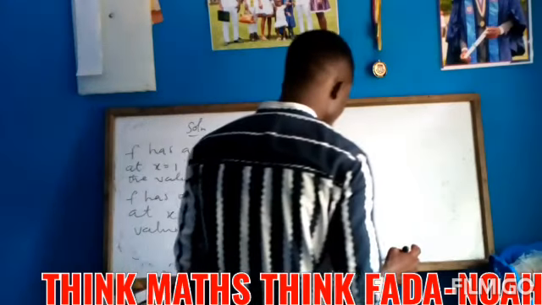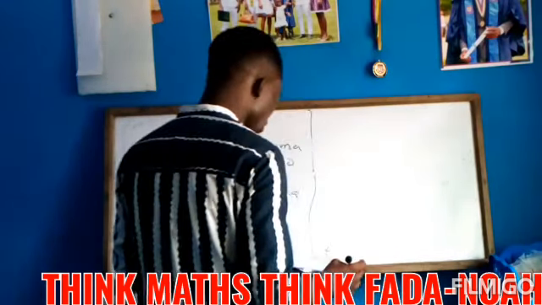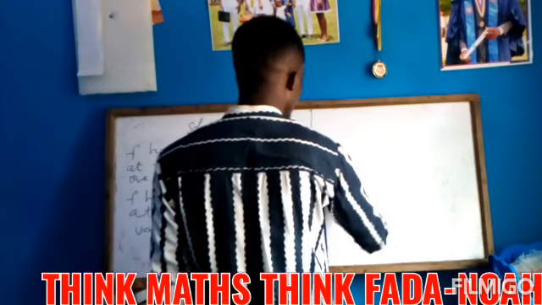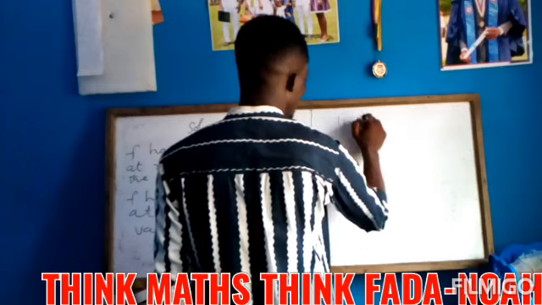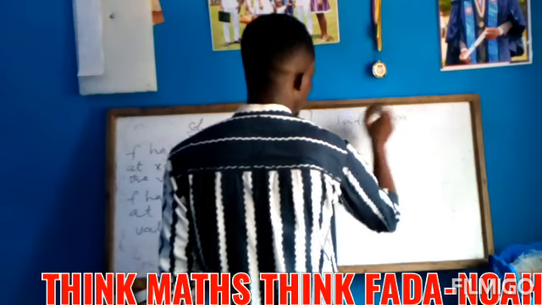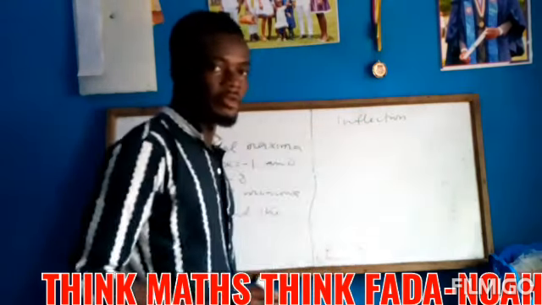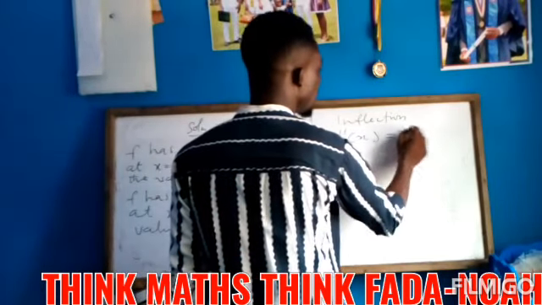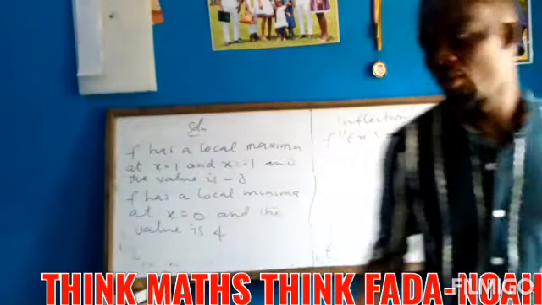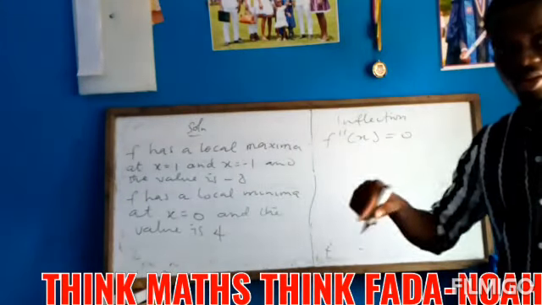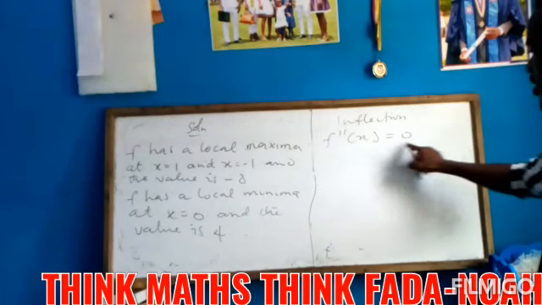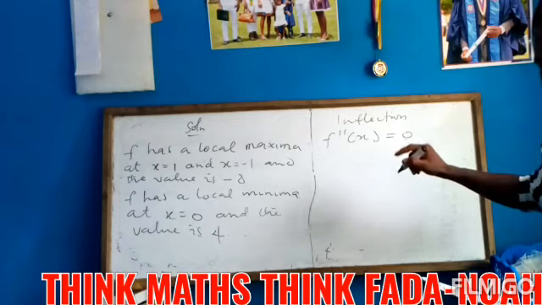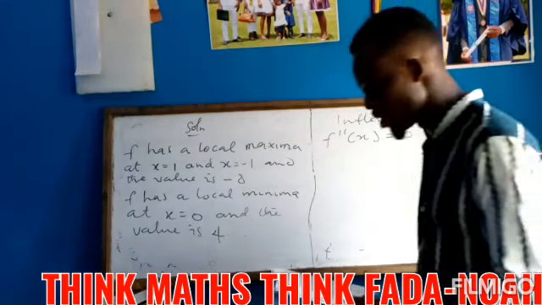So to solve for inflection, we say that f prime prime of x should be equal to 0. To find where the inflection occurs, we have to solve this equation. And what was our f prime prime of x?